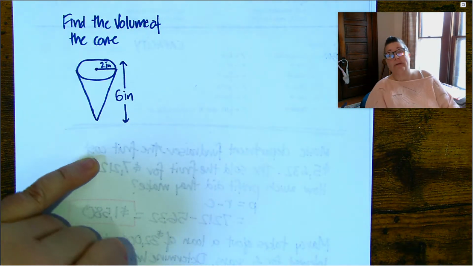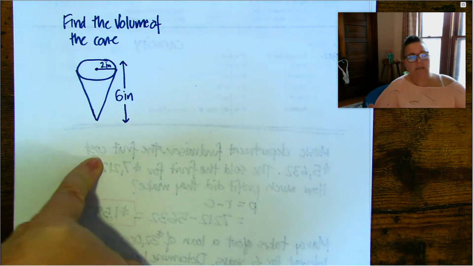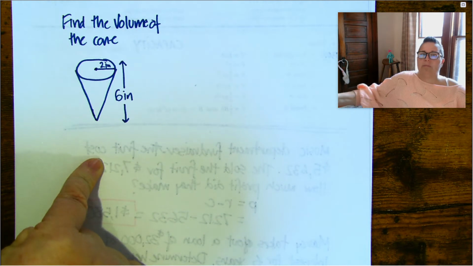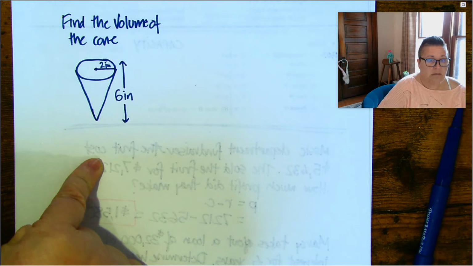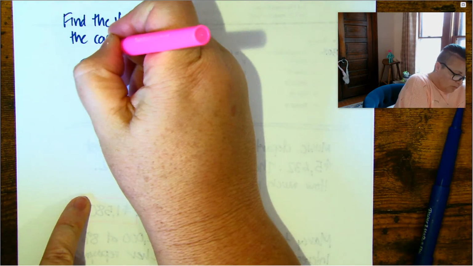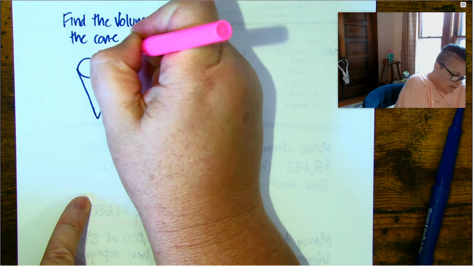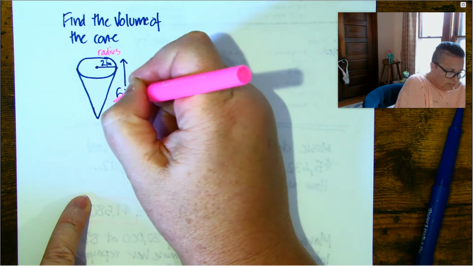We'll make it an ice cream cone just because. So here we have an ice cream cone, maybe from the pearl. So we're going to find the volume of the cone from the pearl. We've got a cone that has a 2-inch radius, right? This is our radius. And this 6 inches would be our height.